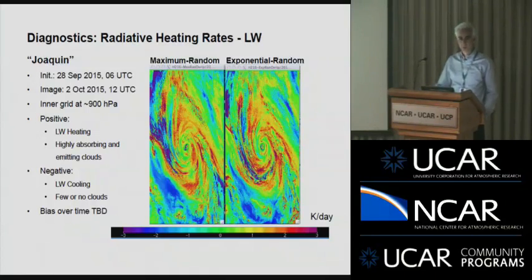Those are the relatively clear areas of the scene. Although the overall structure is very similar, we do see significant differences even at this stage in this cycle, especially in this area toward the south of the eye, which is providing much more heating rate in the ER case, and somewhat less cooling along the western side of the storm here.